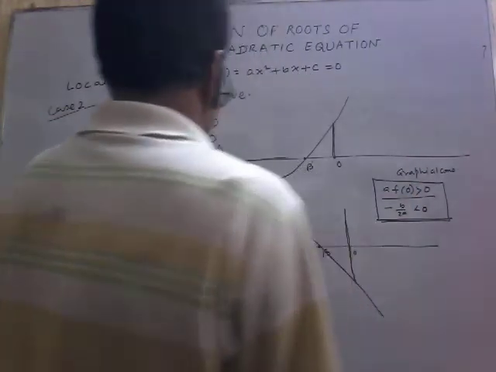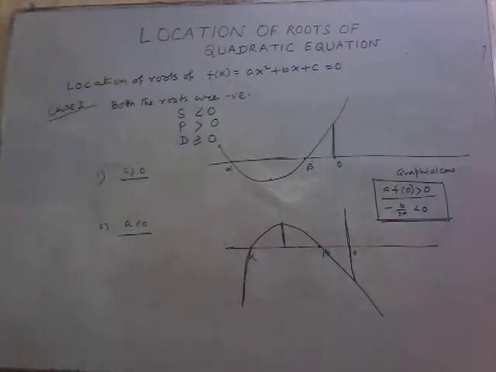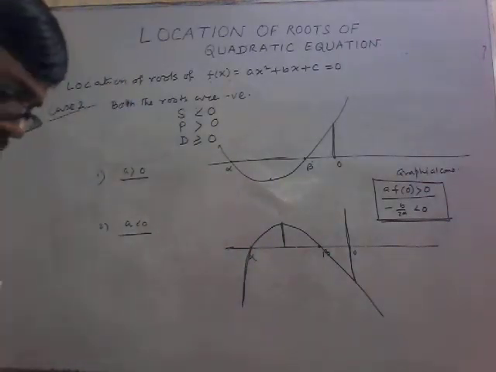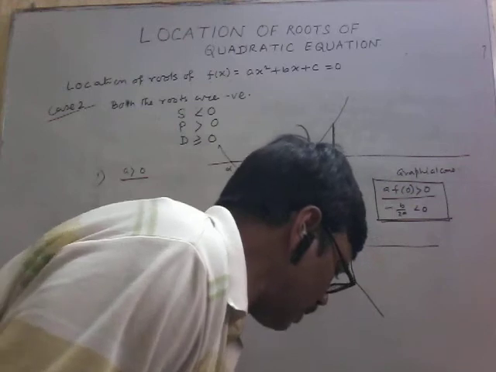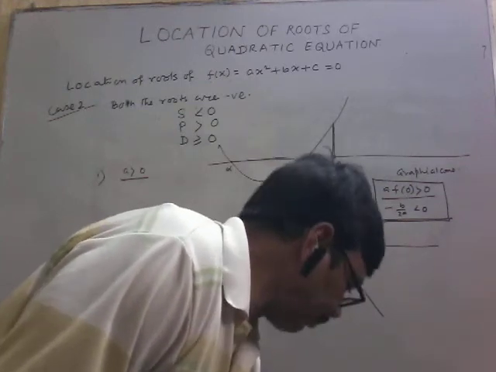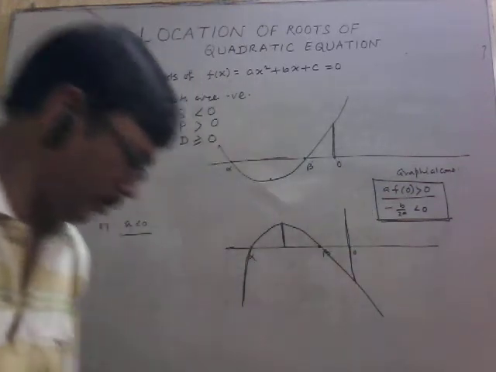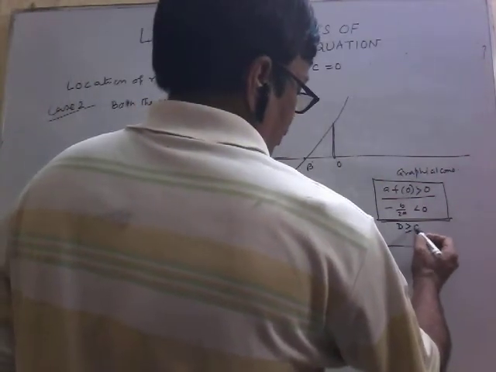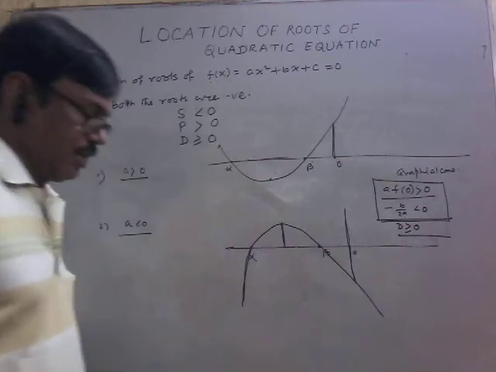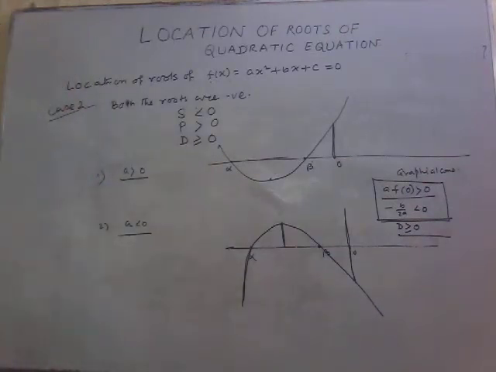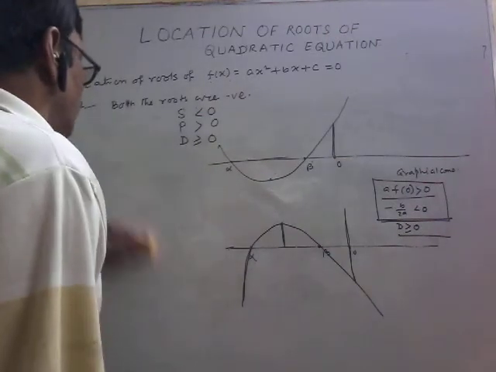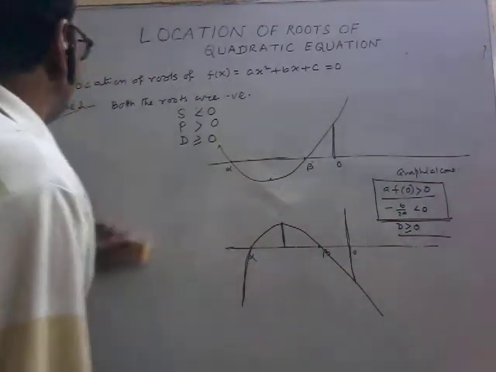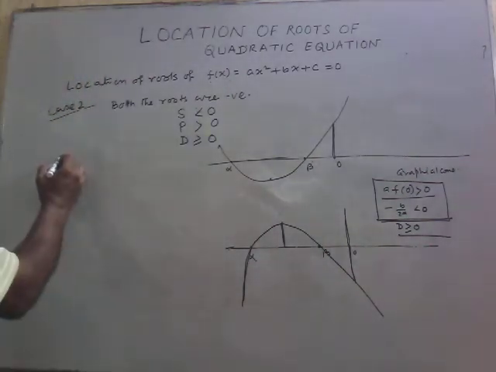And in each case obviously d greater than 0. So write an application. In each case we always write d greater than equals to 0. So application. So write problem.